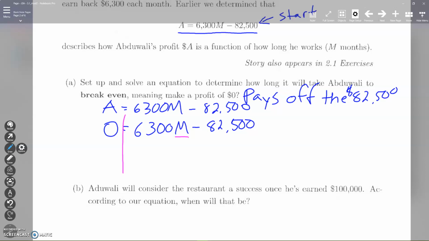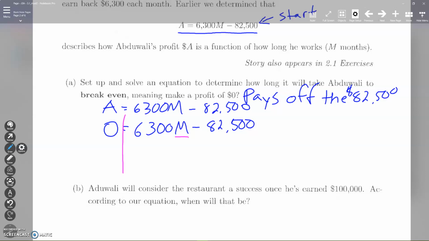And the way we do that is by working backwards from the steps where if we knew what m was, we would do those steps in reverse. If we knew the number of months, we would multiply by 6,300, and then we would subtract the 82,500. But because we don't know the number of months, we'll have to work that equation backwards.